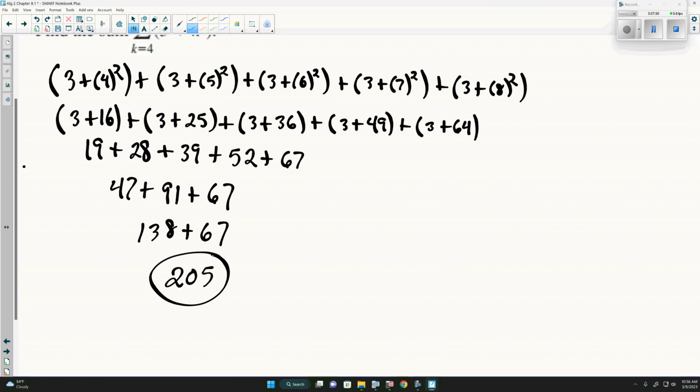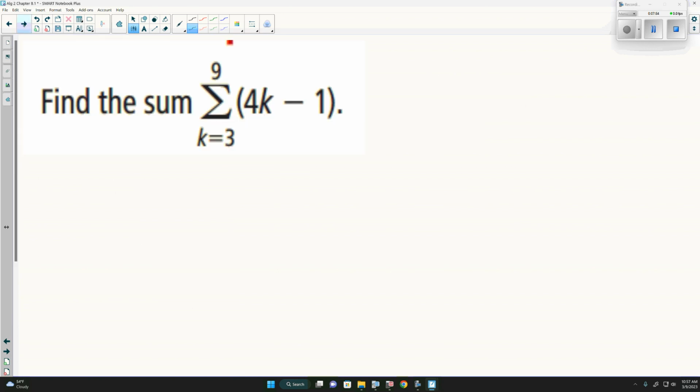Any questions on this so far? So this here is the next one we'll look at, the summation from k equals 3 to 9 of 4k minus 1. The first value of k we're going to use is 3.